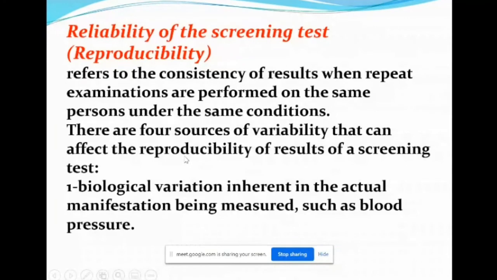The sources of this variability may be different. First of all, biological variation inherent in the actual manifestation being measured. For example, blood pressure differs for a person in different circumstances. For example, a person under stress may have higher blood pressure than when he is calm or relaxed.